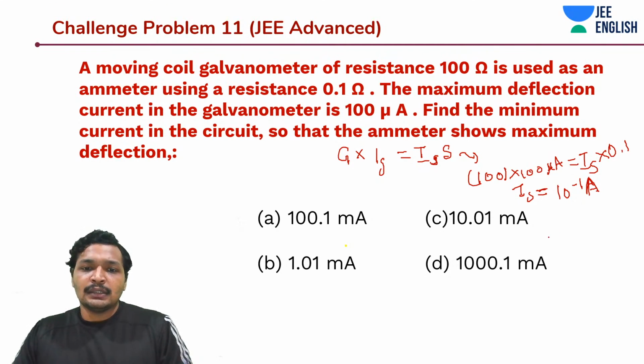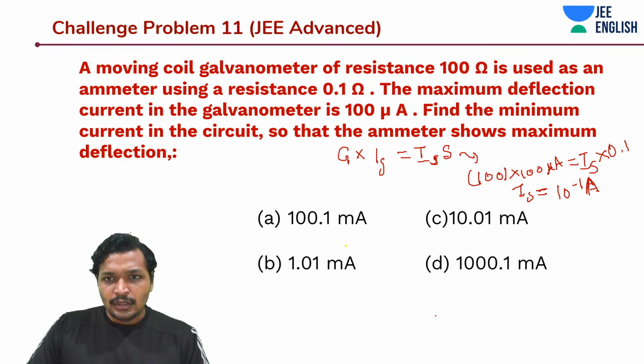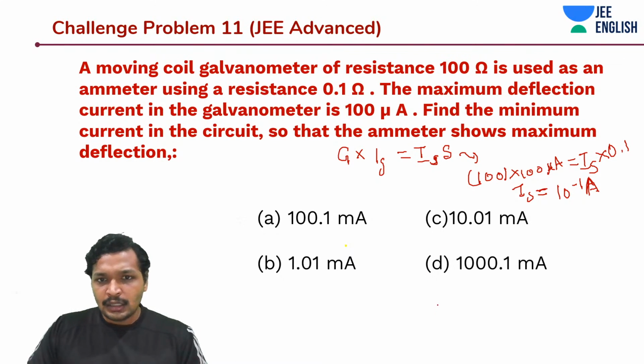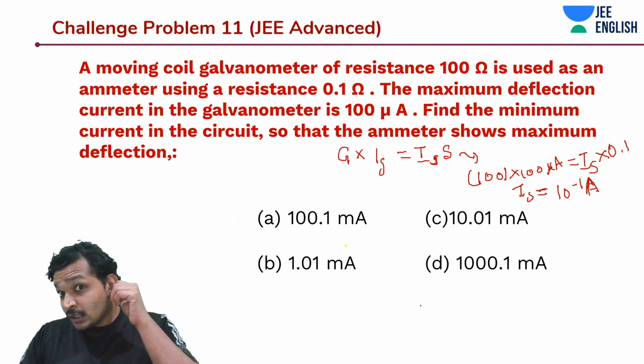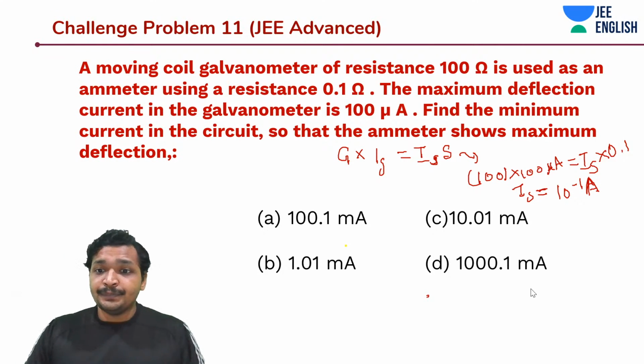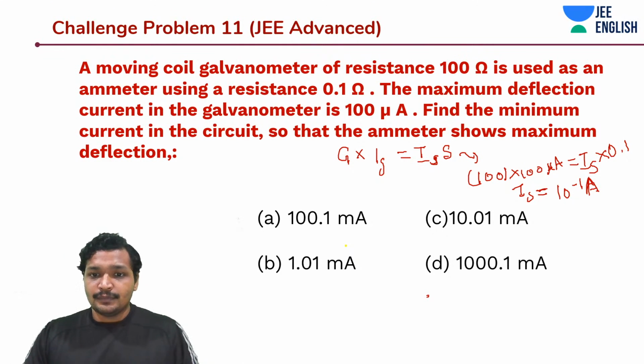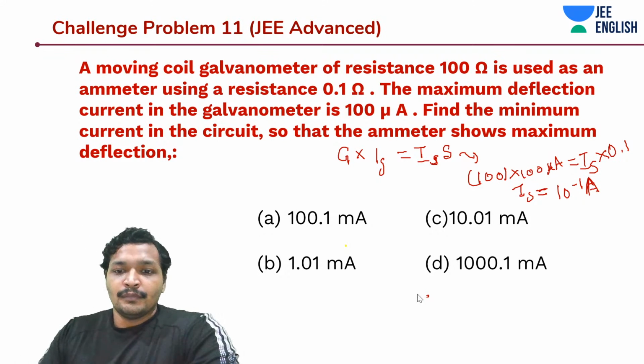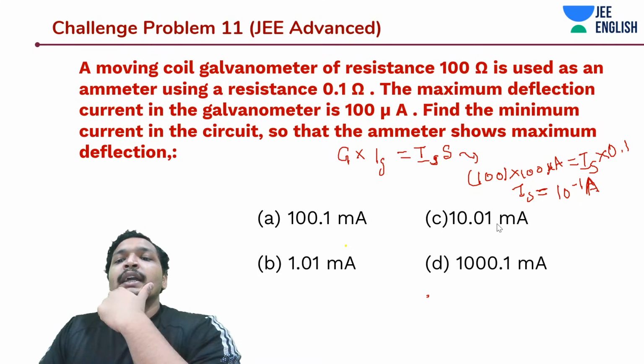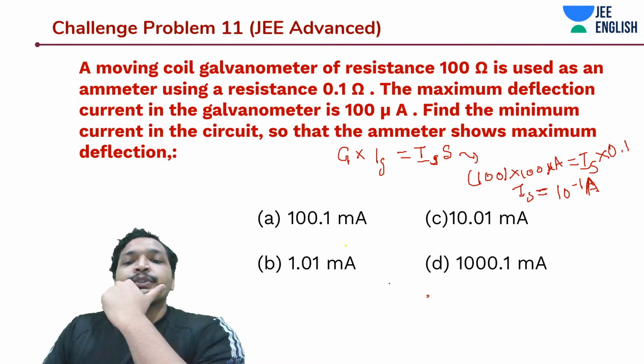Yes, the answer isn't present over here. Just a moment. What is wrong with this question? The answer isn't there. It's an IIT JEE question. That should be the answer, right?